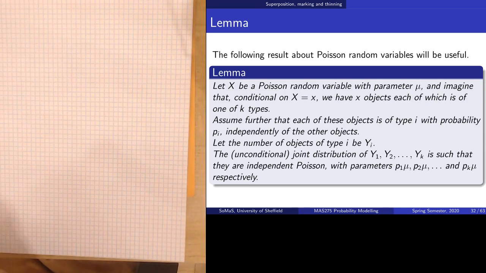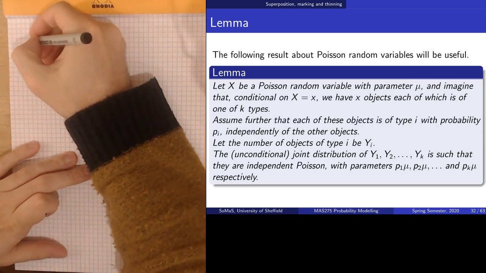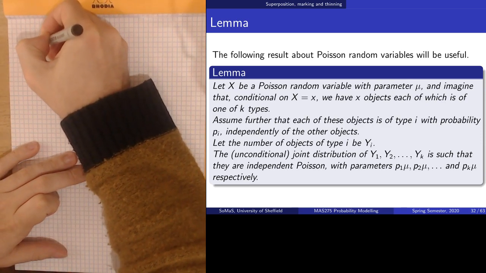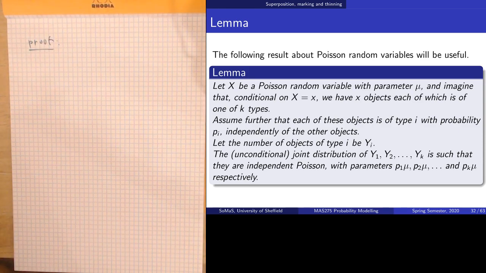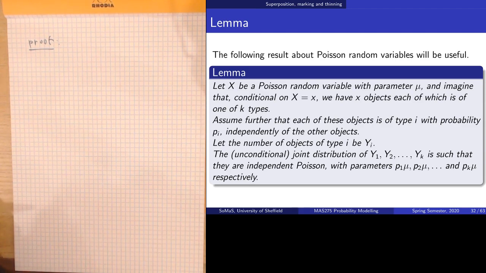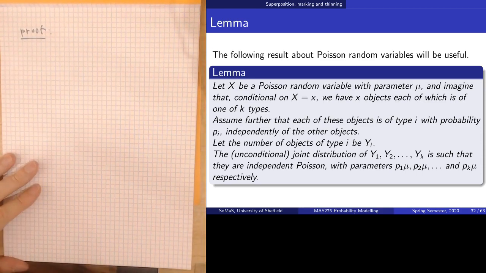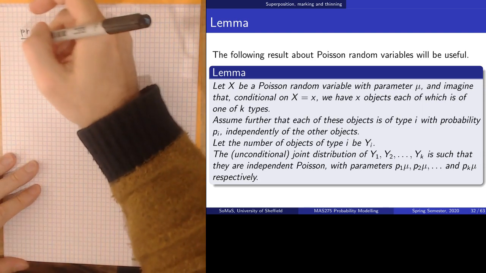Let's prove that. Proof. So this, it's not difficult, but it takes a bit of writing down. So we want to prove, maybe I'll write what we want to prove first.